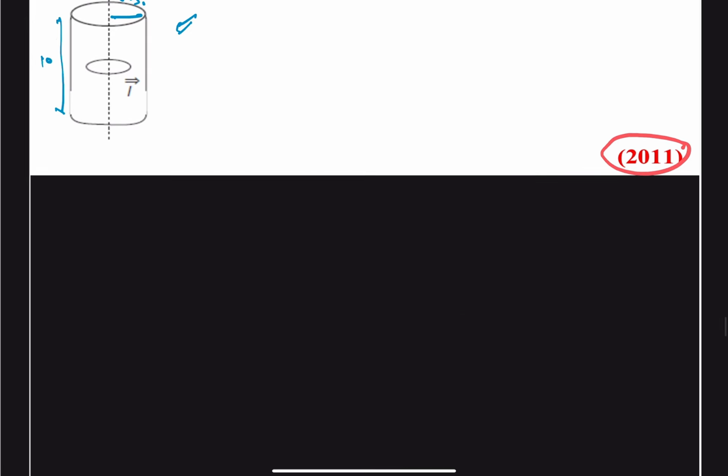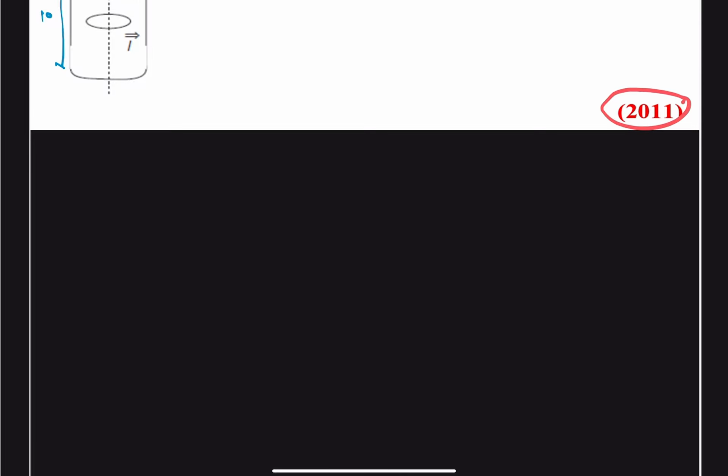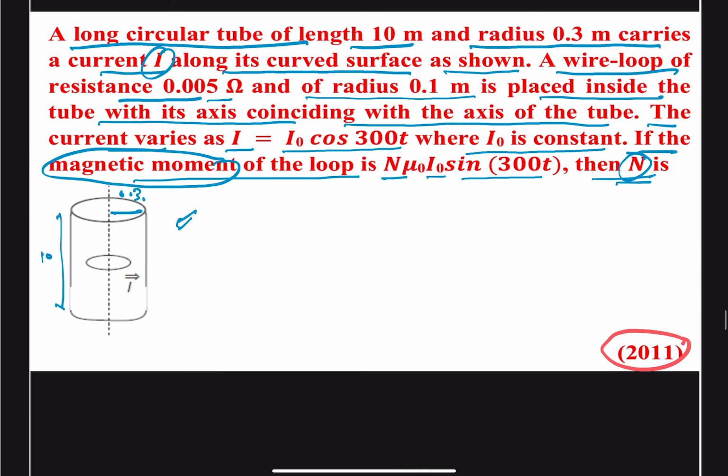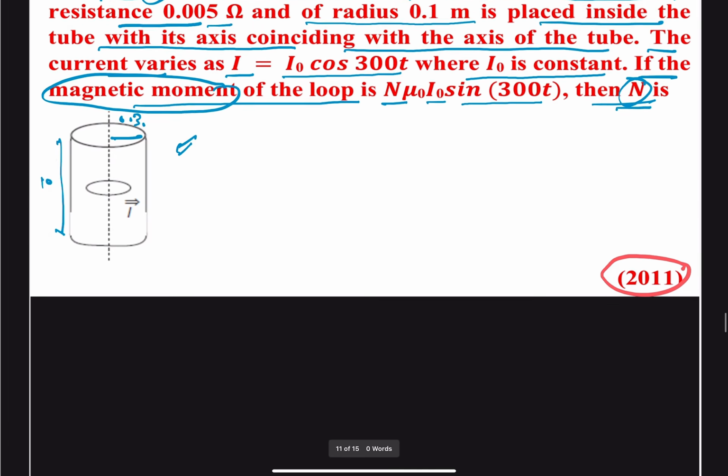So let us first find the magnetic field, because the circular tube carrying current is going to behave like a solenoid.